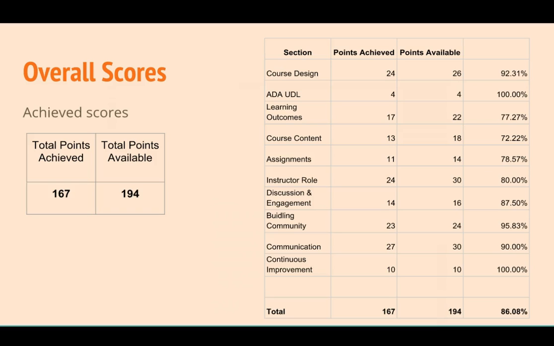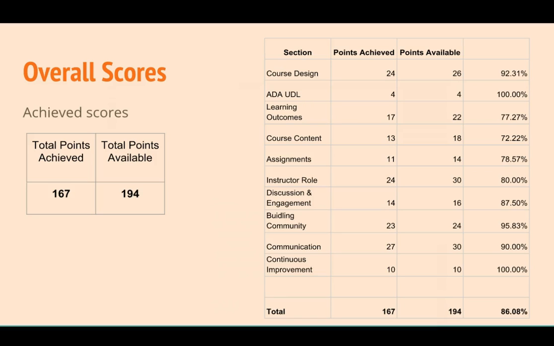Overall, the Learning Theories course scored 167 points out of 194 points. In every section of the scorecard, Learning Theories performed at least in the high 70s percentage of points.